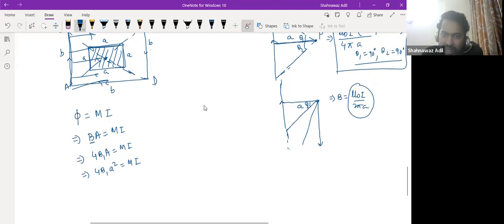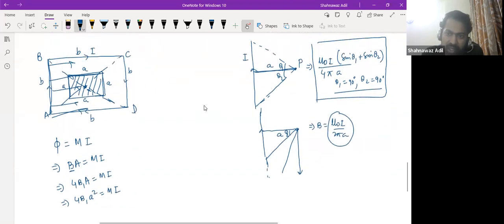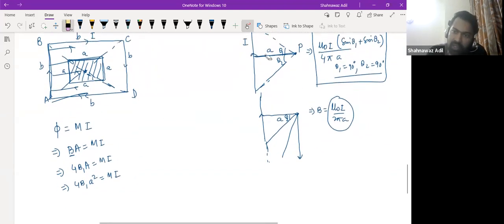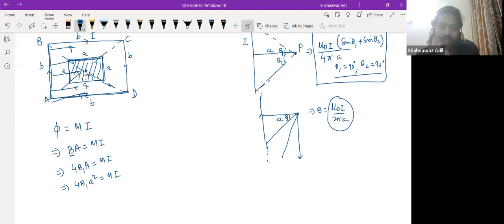So let us calculate that, and we already know this result, right? How much is this distance? The total distance is b, and this is the center. So how much would be this distance?